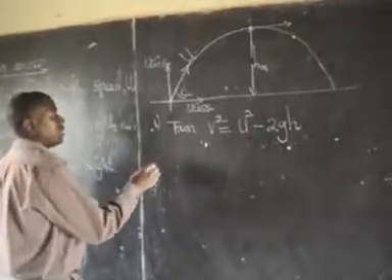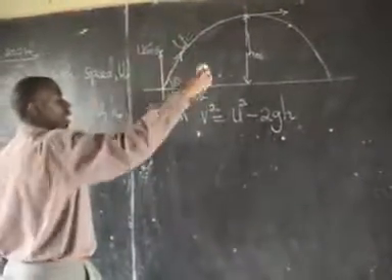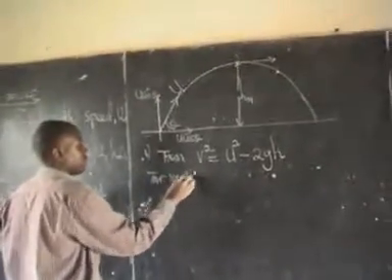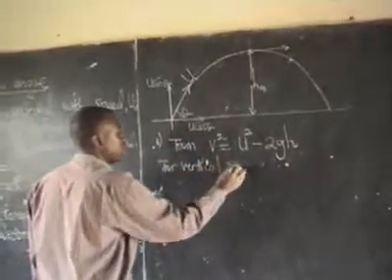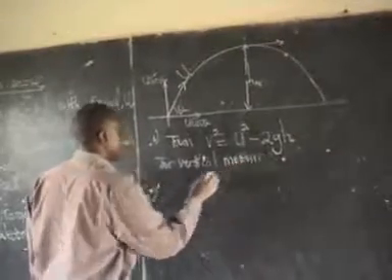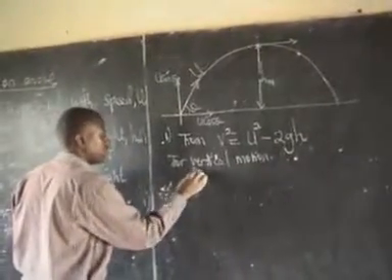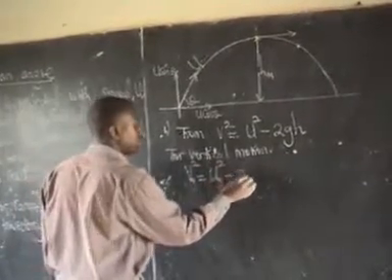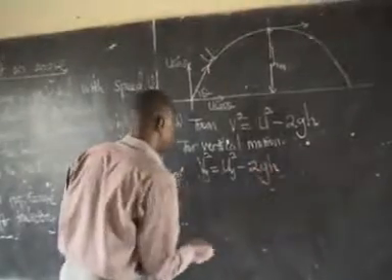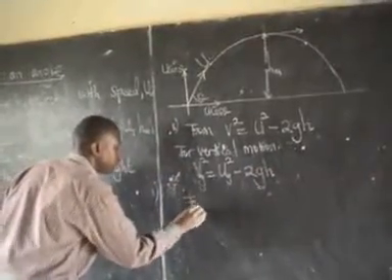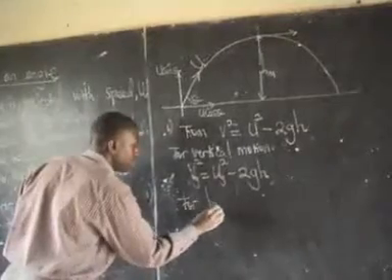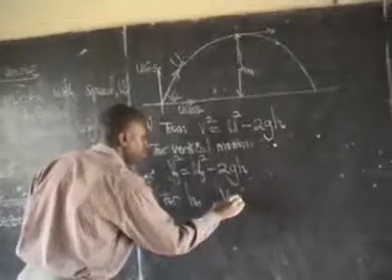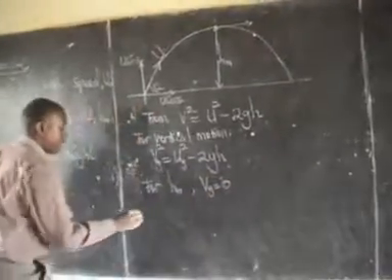So for maximum height, we are considering the vertical motion. So for vertical motion, we shall have vy squared is equal to uy squared minus twice g h. So for hm, we shall have vy must be equal to 0.